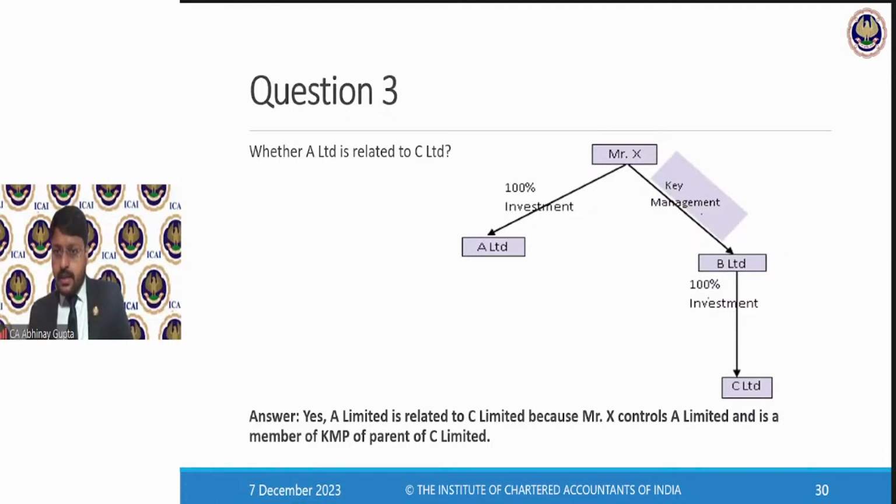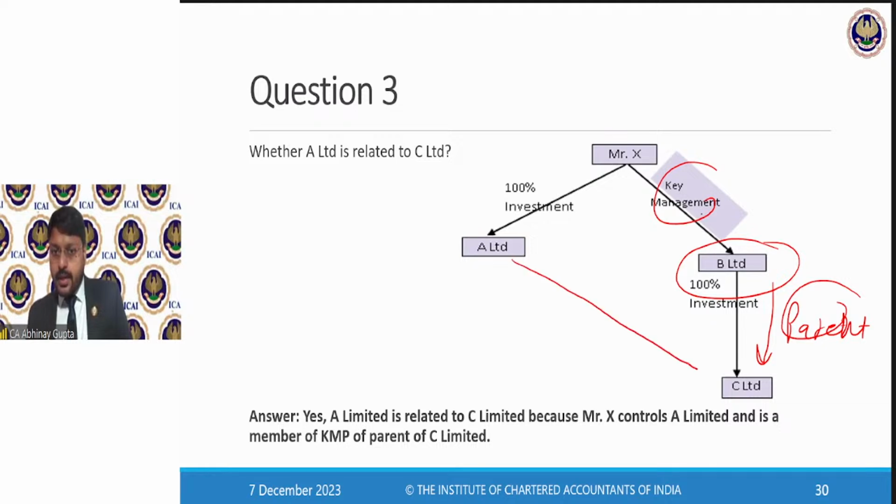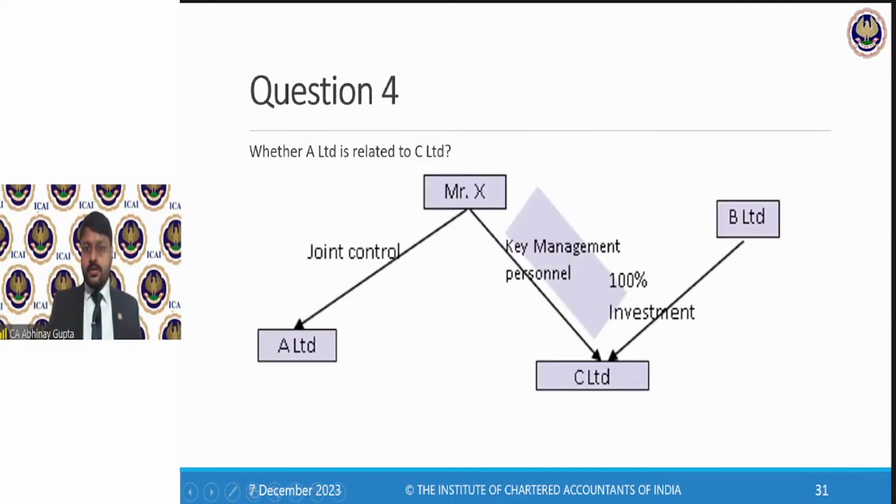Because this is a KMP in B Limited and B Limited is a parent of C Limited. So by virtue of KMP of the parent, A Limited is also related to C Limited because here it has control, right? Okay.